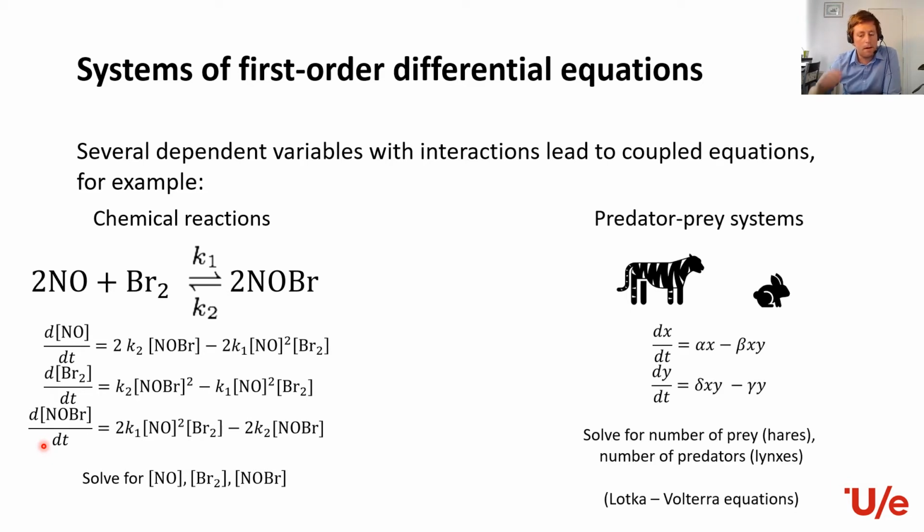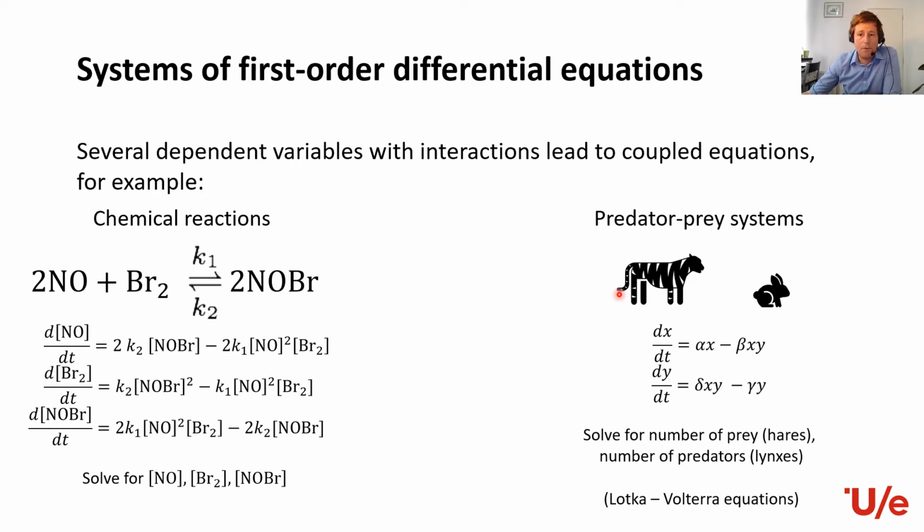Another example is a predator-prey system. These equations are named the Lotka-Volterra equations for reference. In predator-prey systems, the amount of predators and the amount of prey also interact. If there are very many prey available, then the predators will start to increase in number because they have ample food.